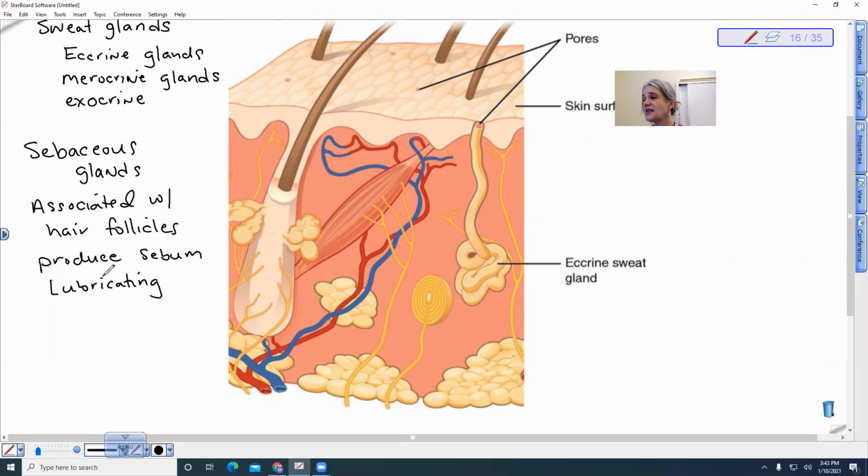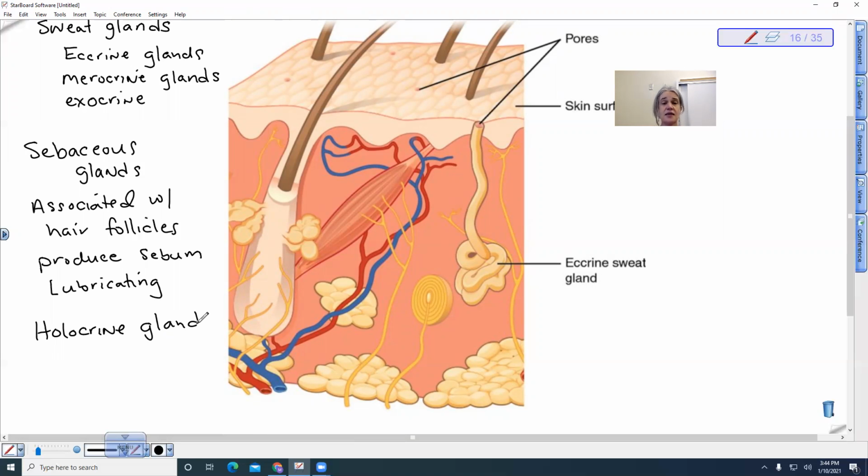So those are the sebaceous glands, and they're actually a different type of gland. They are called a holocrine gland. The reason why they're called a holocrine gland is that they don't secrete substances from the cells, but rather the whole cell, like whole, just remember that, the whole cell actually breaks off, is pinched off.